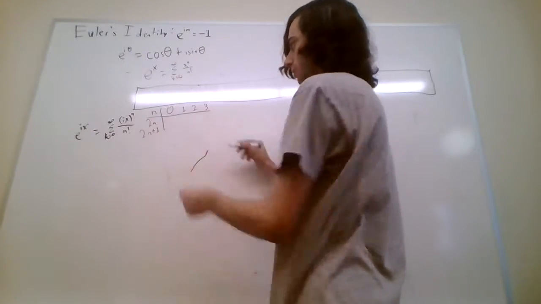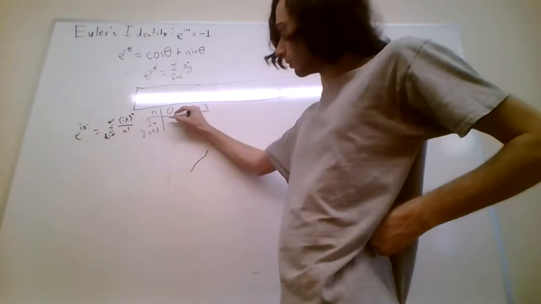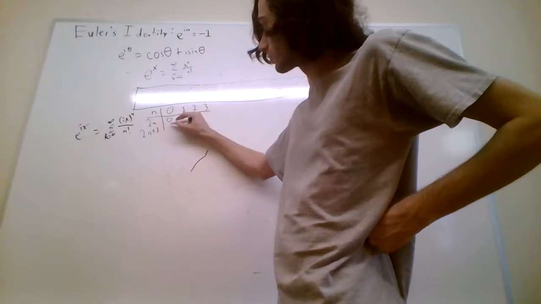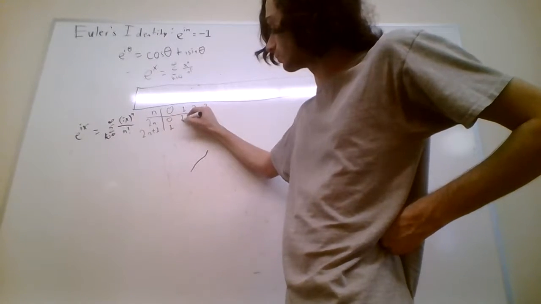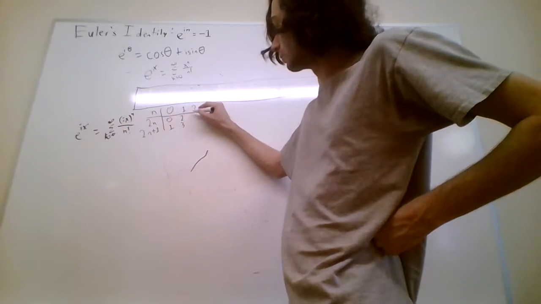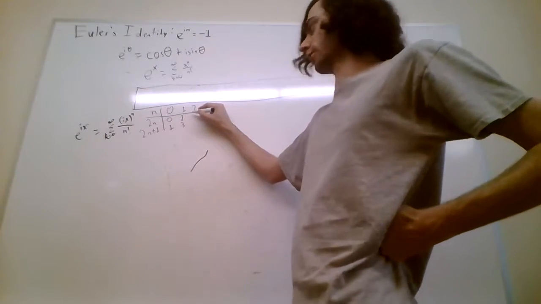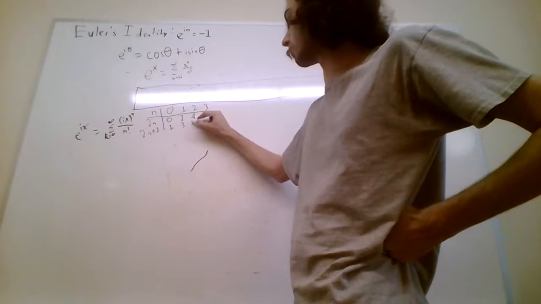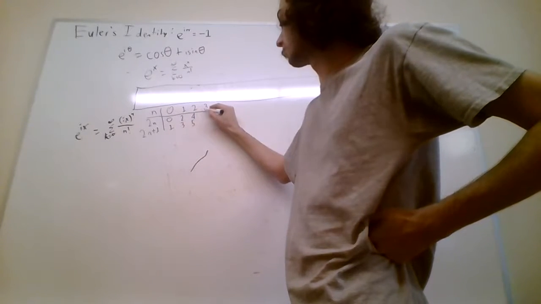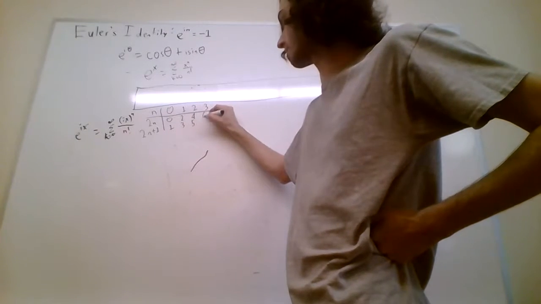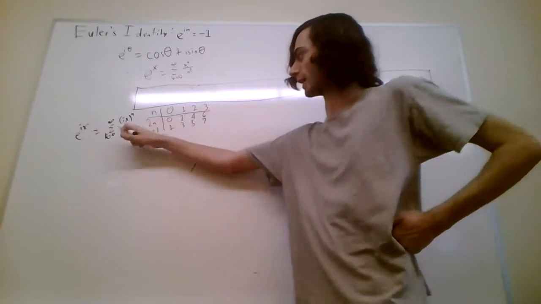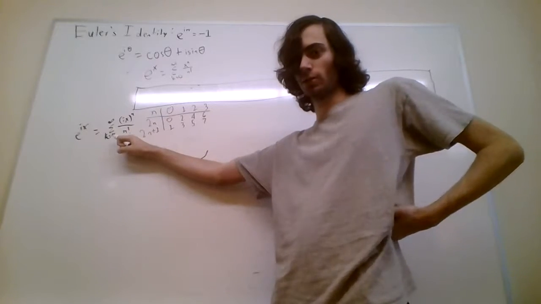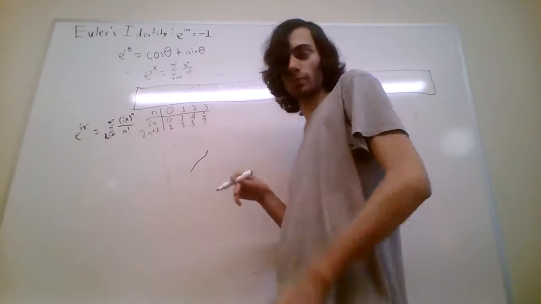So I'll give an example. If n is 0, 2n is 0, and 2n plus 1 is 1. If n is 1, 2n is 2, and 2n plus 1 is 3. If n is 2, then 2n is 4, 2n plus 1 is 5, and if n is 3, 2n is 6, and 2n plus 1 is 7, and so on. So those will cover all of the terms of k in this sum, but we'll split it up into two separate ones.